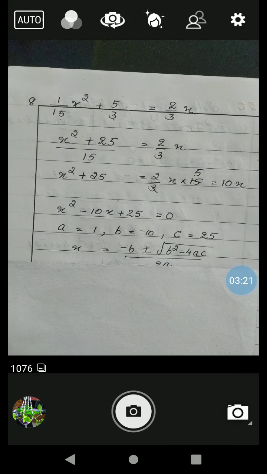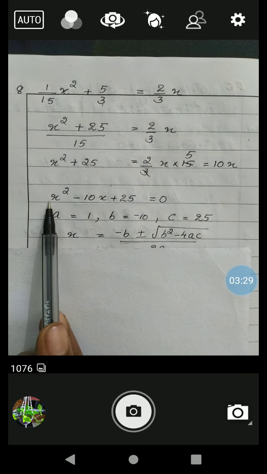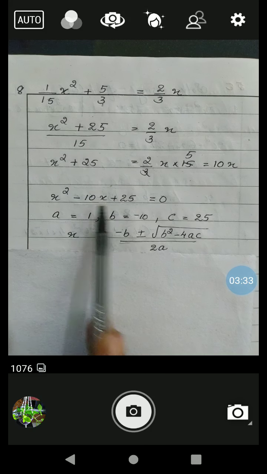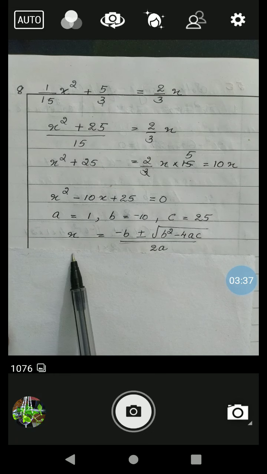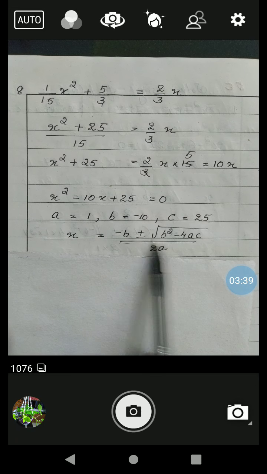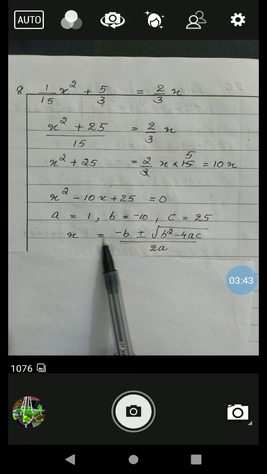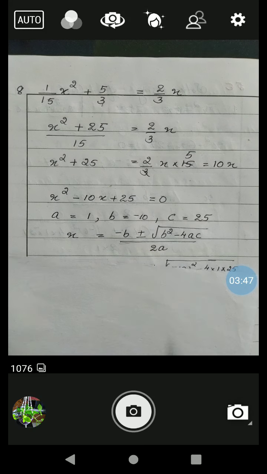Here a is 1. It is very clear. A is 1 because 1x square. B is minus 10 and c is 25. X is equal to minus b plus or minus root of b square minus 4ac whole divided by 2a. Now substitute values.